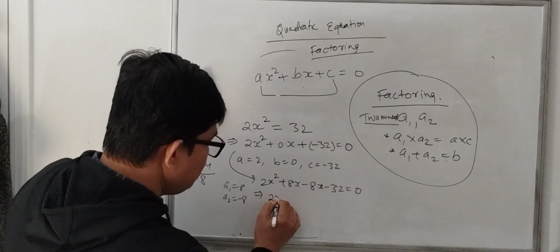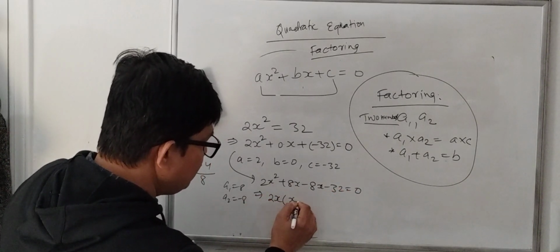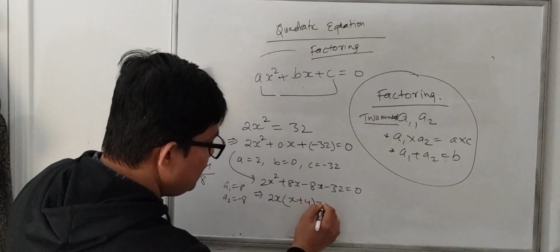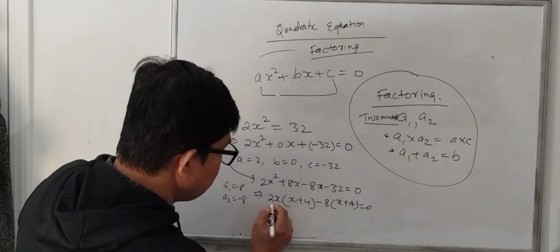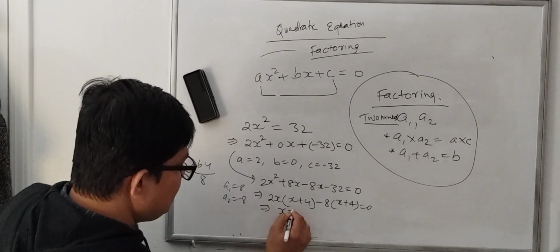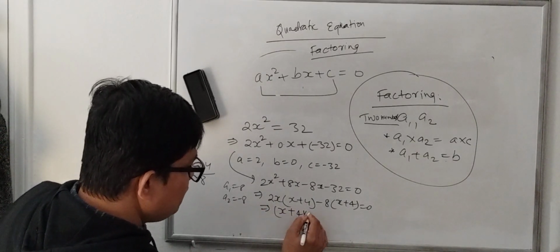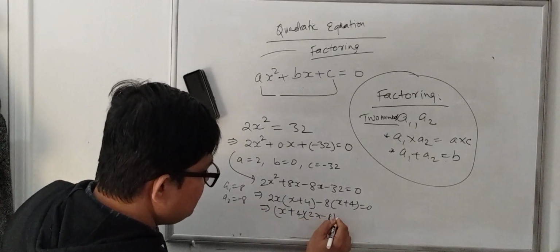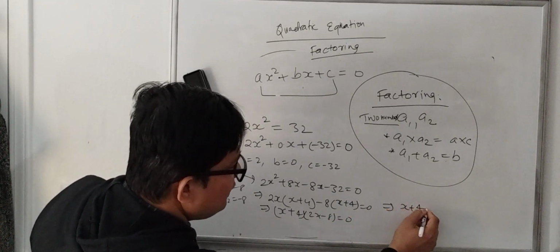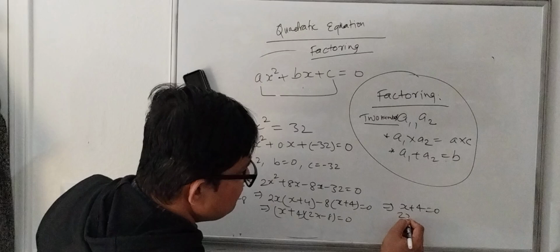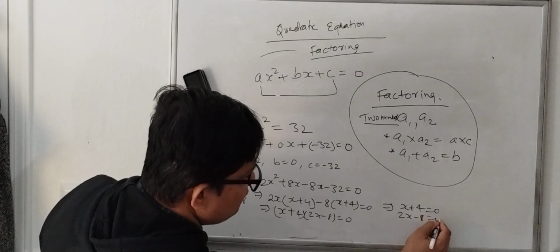And then both have 2x common, so this will be x plus 4, and the other has 8 common, so x plus 4 is equal to 0. It means 2x minus 8 is equal to 0, which will give me x plus 4 is equal to 0, or 2x minus 8 is equal to 0.